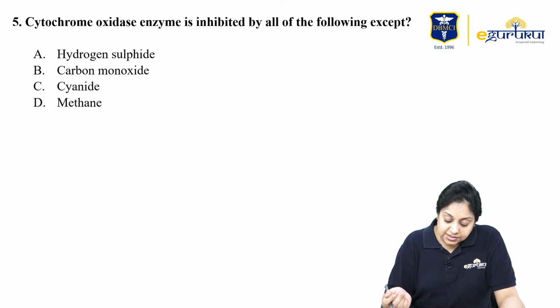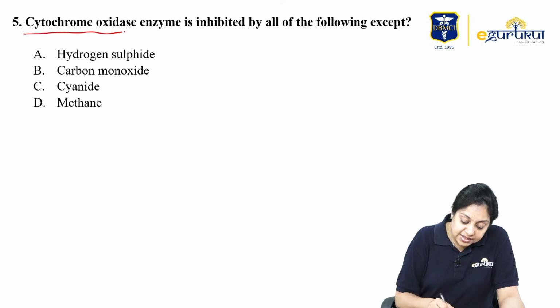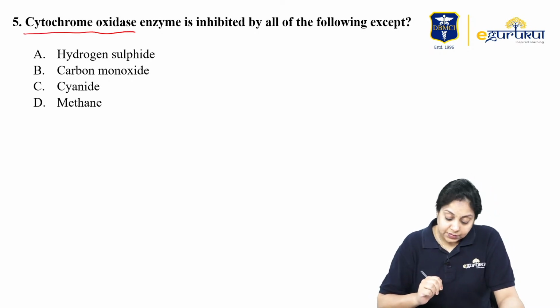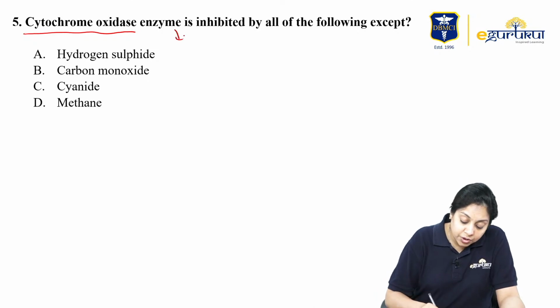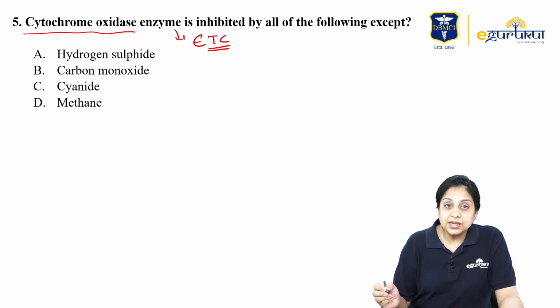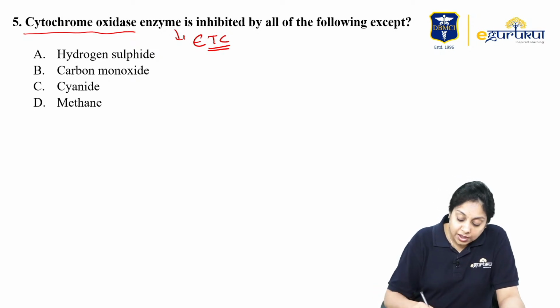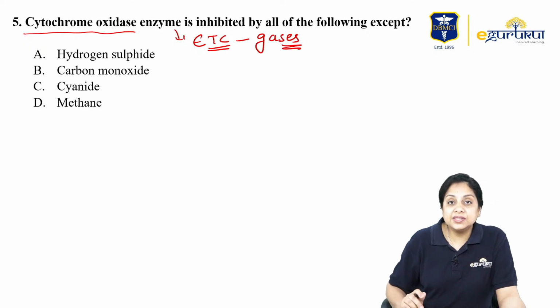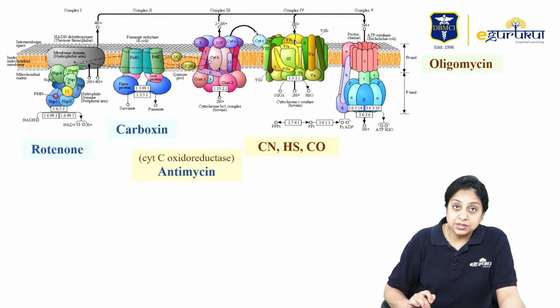Now, cytochrome oxidase enzyme is inhibited by all of the following except. Here we are talking about the electron transport chain, right? And cytochrome oxidase, what did I tell you? It is inhibited by most of the poisonous gases. Remember this from the class?